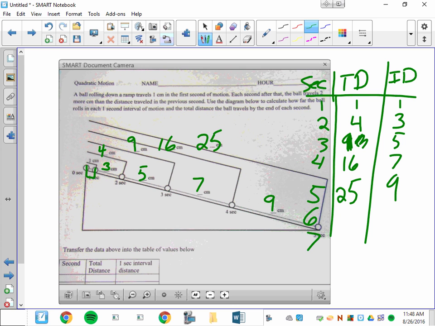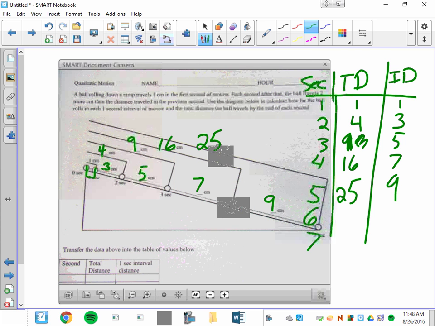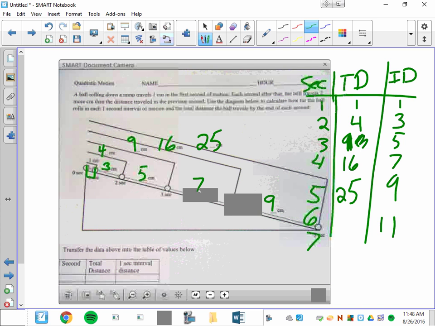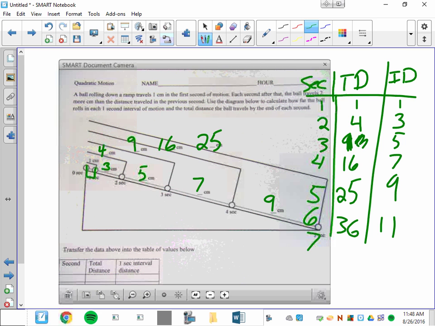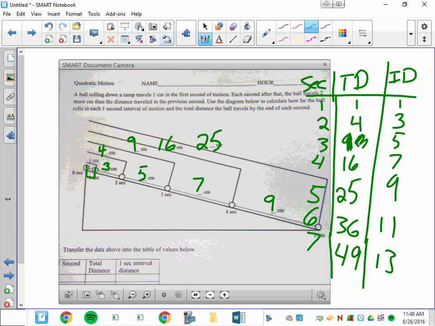How far is it going to travel in the next 1 second? If the ramp kept going, it would be 2 more than it was last time, which is 11, for a total of 36. And if we went 1 more second, it would be 13 for a total of 49.